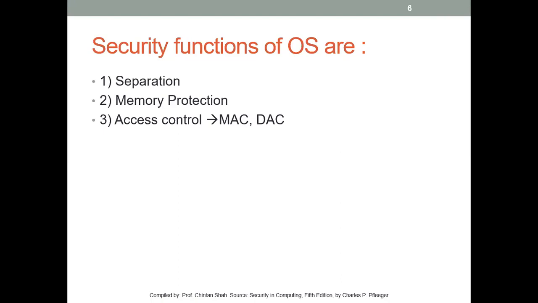Because of the protected objects that we saw in the previous slide, we want to keep one user's objects separate from other users, because there are certain objects we want to have that way. So what are the different methods of separation? Let us see.